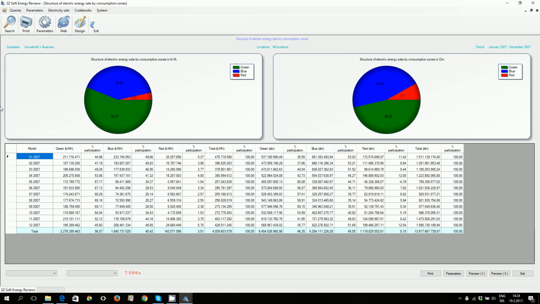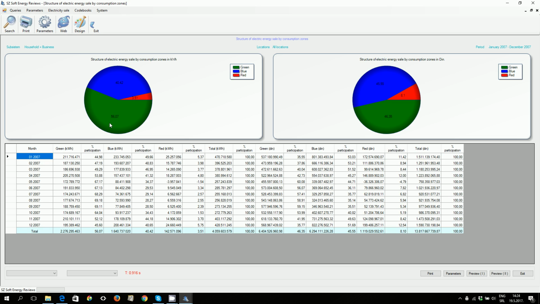Our next option is the sales structure by consumption zones, which is very interesting because in the electro-distributive system of Serbia, the tariff system is defined in such a way that the sale is conducted based on monthly readings. The household tariff group in the electro-distributive system of Serbia is unique because the kilowatt hours are calculated based on the monthly consumption. The monthly consumption up to 350 kilowatt hours is the green tariff.